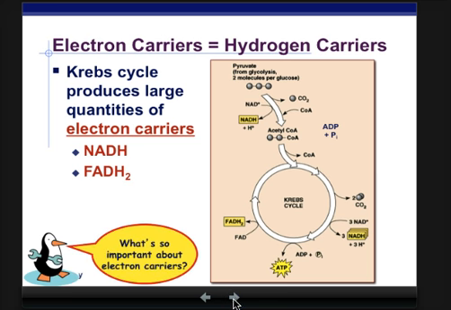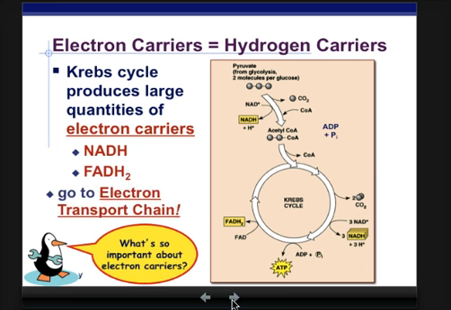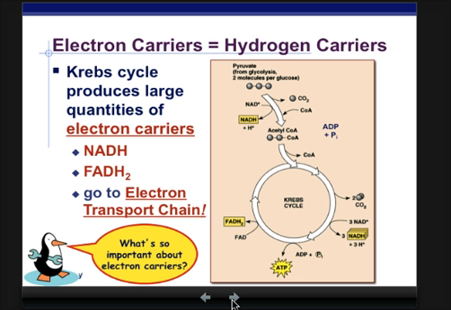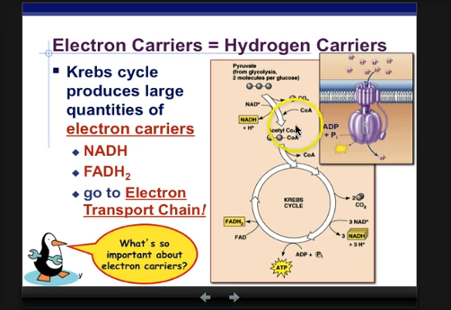What's so important about electron carriers? They go to the electron transport chain and give us a ton of energy. And there's our friend the ATP synthase that converts ADP with a phosphate to be ATP.